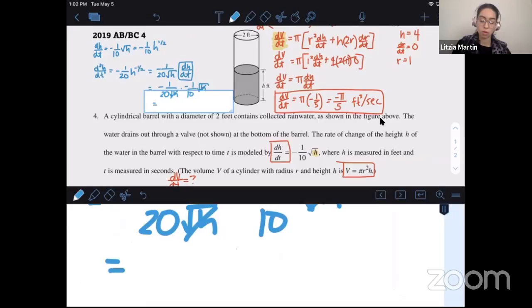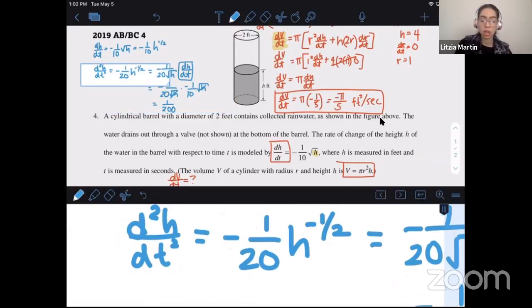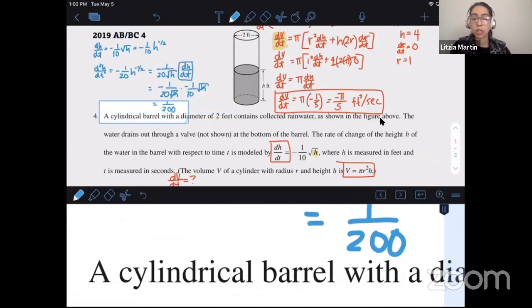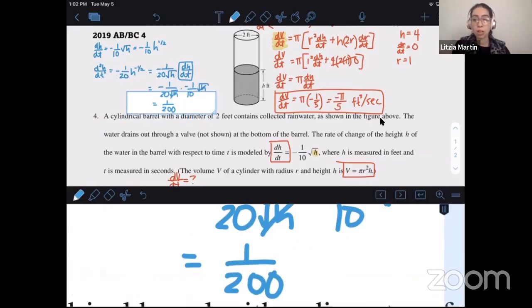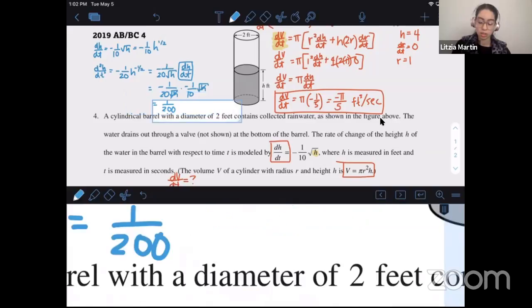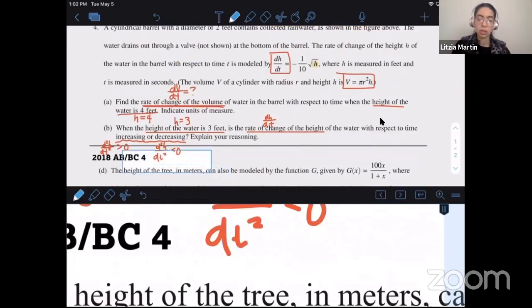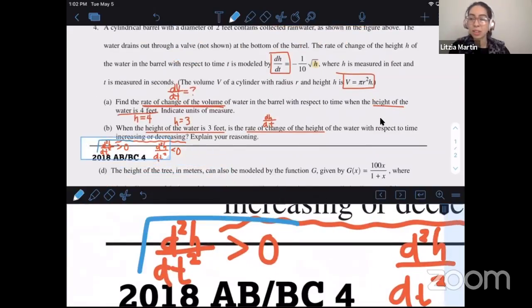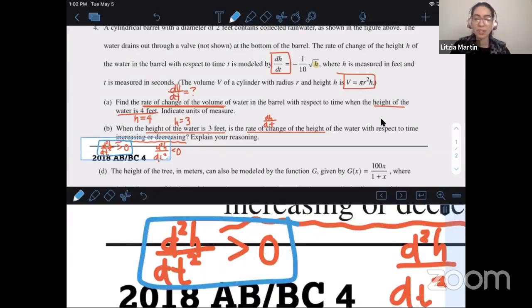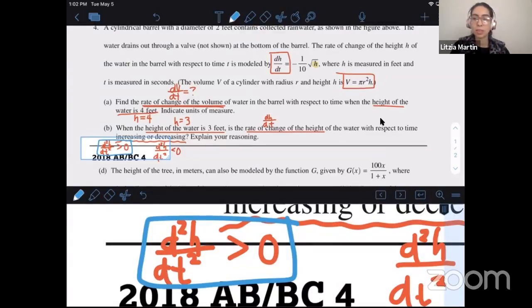We get 1 over 200. So actually what ends up happening is our rate of change here is always 1 over 200, which is a positive number. So it's going to be increasing. Our second derivative is positive. It's greater than 0, so that means it is going to be increasing. It doesn't matter what h is equal to.